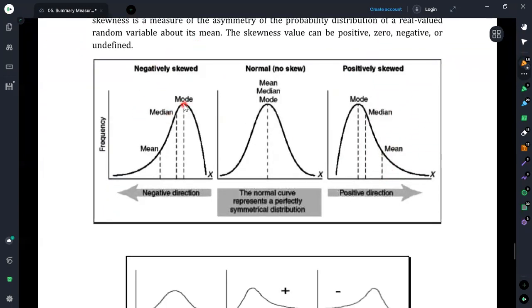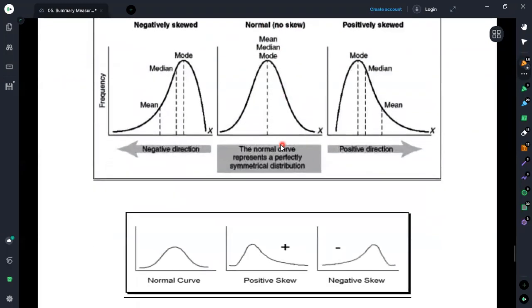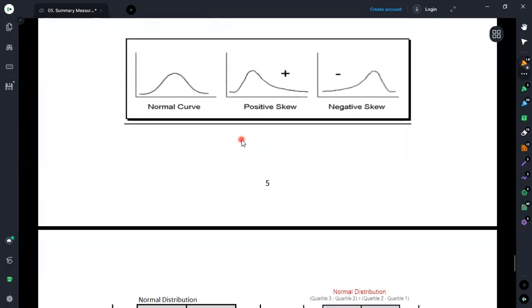Using the graphical presentation of the distribution, we can simply identify whether it is negatively skewed, positively skewed, or has no skewness. If a distribution is normal, there is no skewness, meaning the value of skewness would be equal to 0. Positively skewed has a tail on the positive side, negatively skewed has a tail on the negative side, and a normal curve has no specific tail on the left side or the right side.